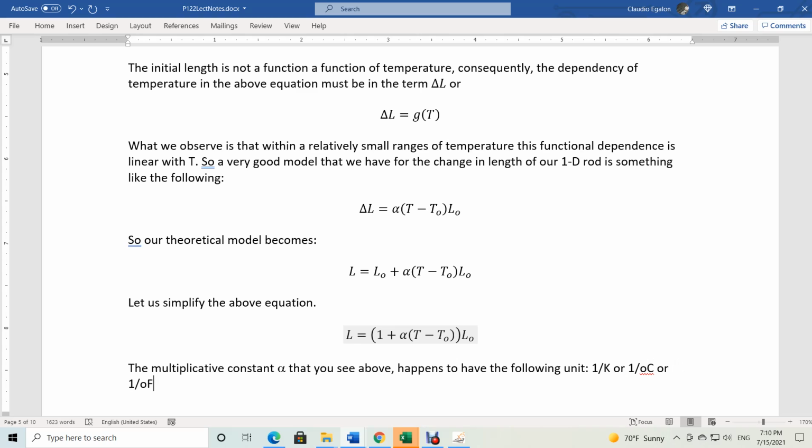That's the unit of alpha. If you want to make this equation dimensionally sound, this alpha must have a unit that's the inverse of the unit of temperature.